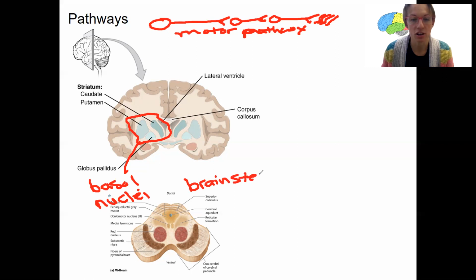And the substantia nigra is this black substance right here that is full of dopamine, which is a neurotransmitter. These cell bodies that are full of dopamine are going to talk to the neurons up here. So I'm going to make my pointer a little smaller here and try to draw that in.